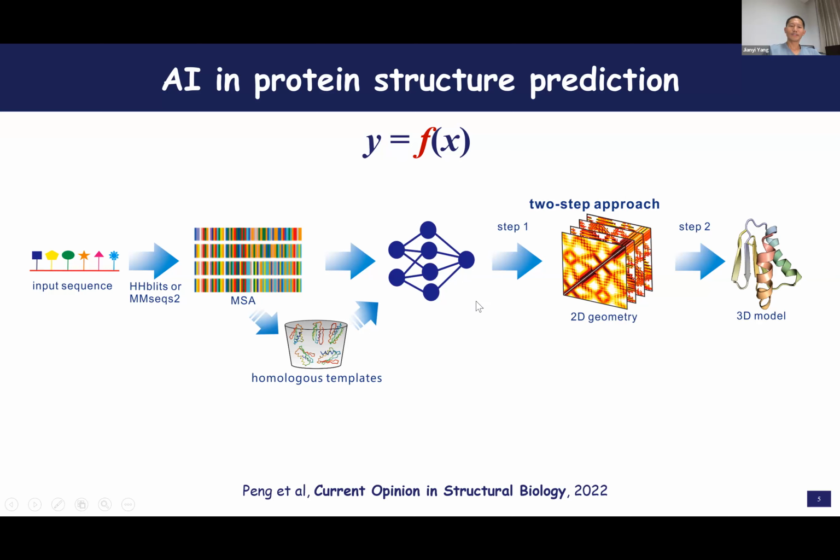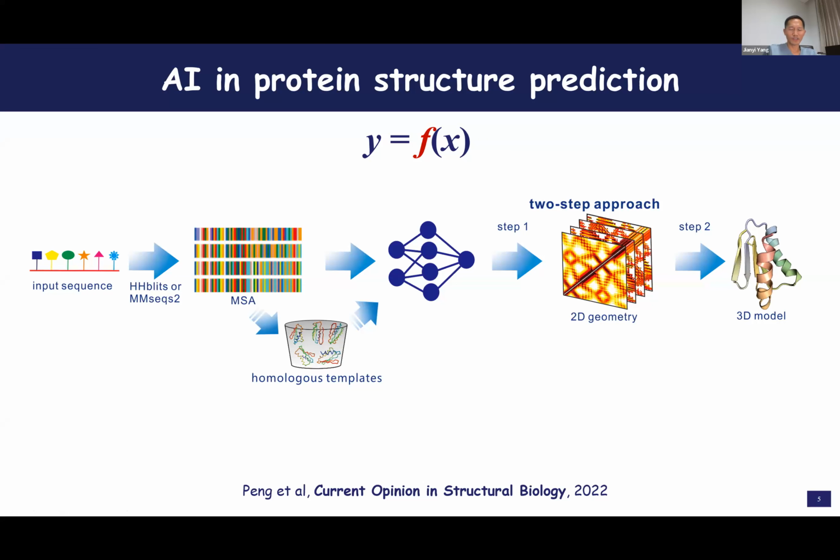This is just an illustration; you can use any kind of network, such as ResNet and also the transformer used in AlphaFold 2. From this network, our goal is to predict the structure directly.